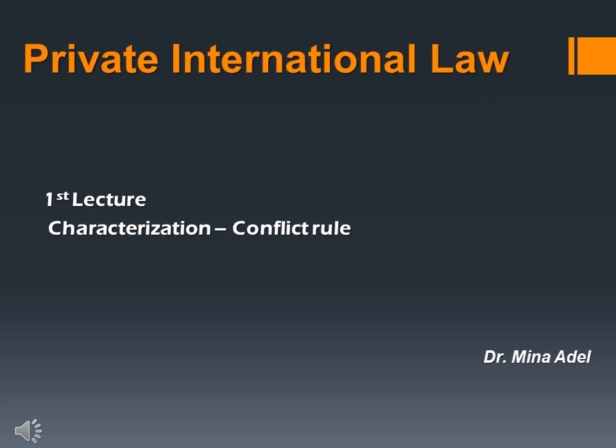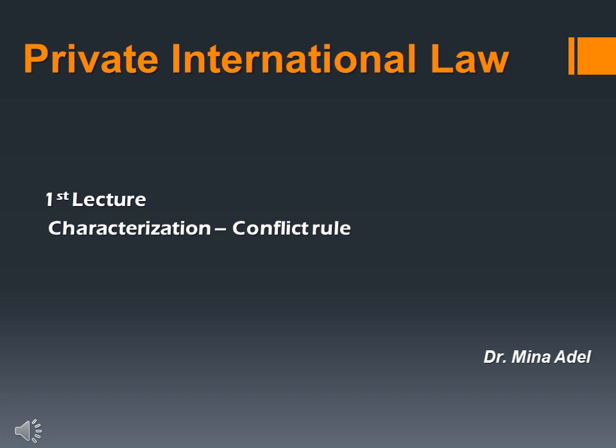Just another thing to mention about the conflict rule is that we have two kinds of conflict rules. The first kind is the unilateral conflict rule, because the conflict rule, as I said, determines which law has to be applied to which case. And to answer this question, the conflict rule can answer in two ways. The first way is unilateral.